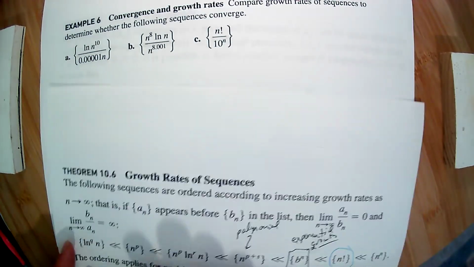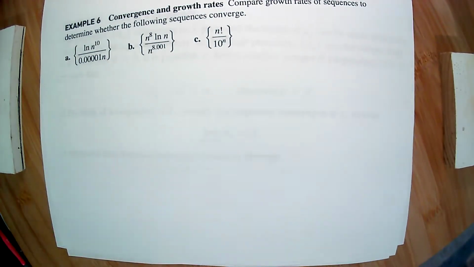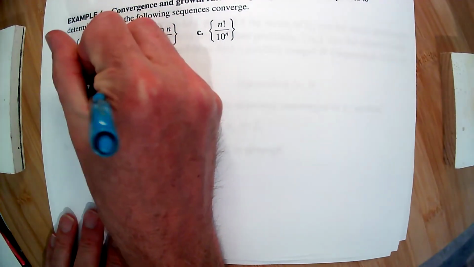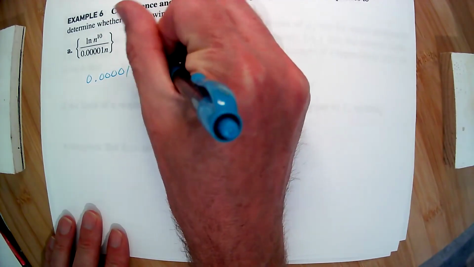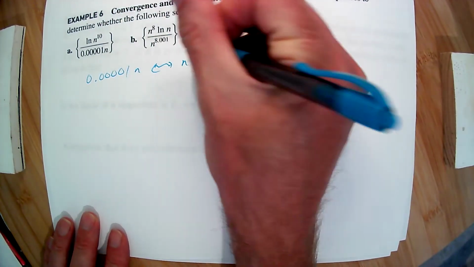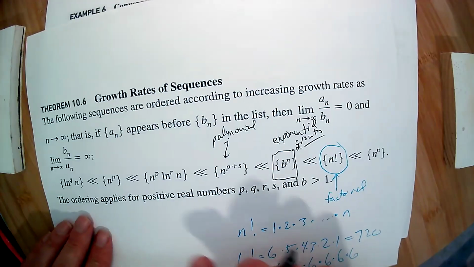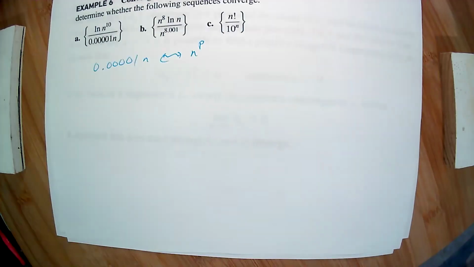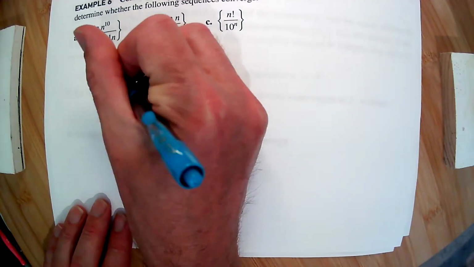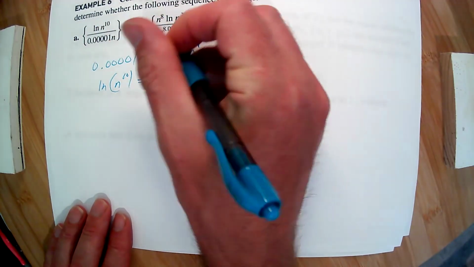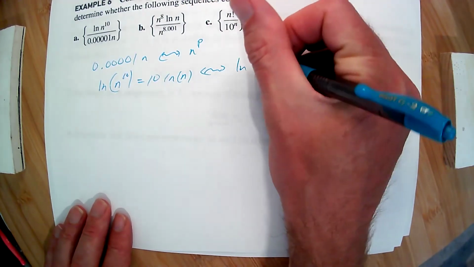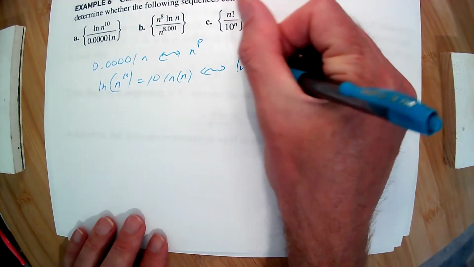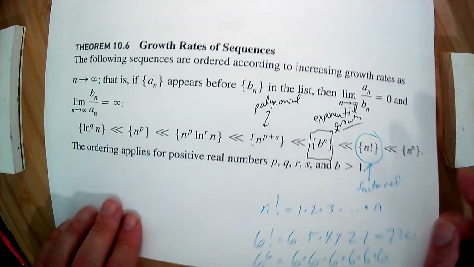Compare the bottom versus the top. 0.00001 n is like n raised to a power p, so it's the second one in the list. What's the top? The natural log of n to the 10th power. Well, actually, that's 10 times the natural log of n. So that's just like the natural log, the very first one.